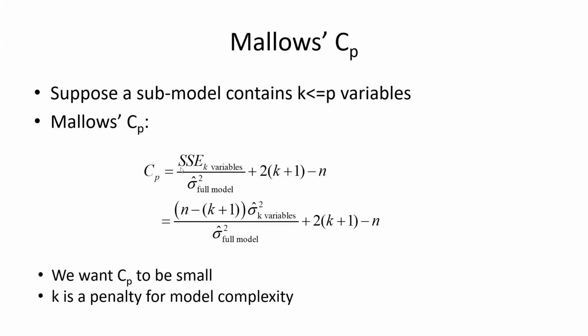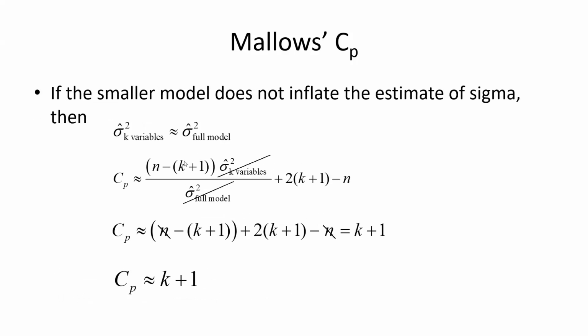So we can rewrite the SSE as the sigma squared corresponding to the k variable model. And to compensate, we have to multiply something in here. Now Colin Mallows said that if the k variable model is pretty much as good as the full model, then these two things should approximately be the same and therefore cancel out.